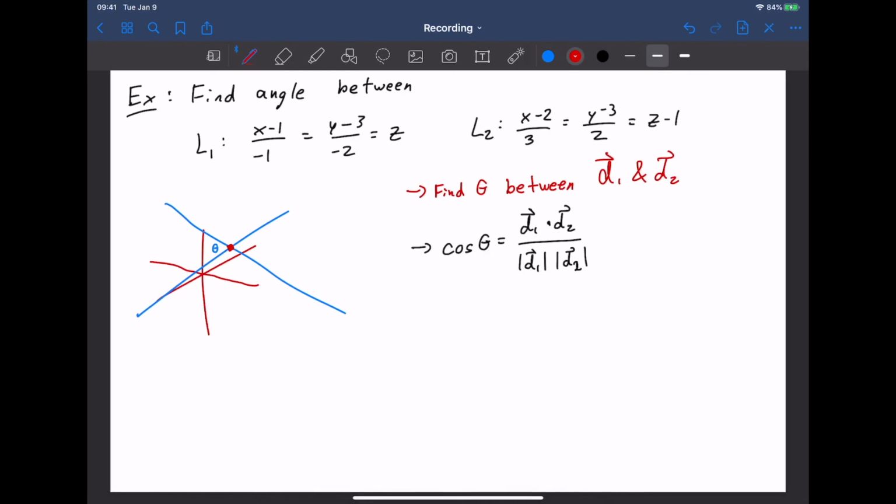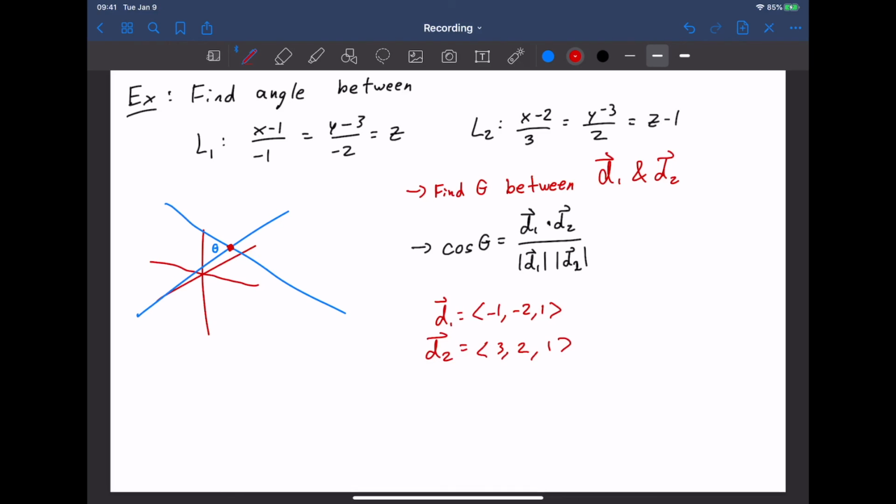So what do I want to do? Just to be clear, what's D1? What's D2? Did you forget? Are you able to find it now if you did forget? Negative 1, negative 2, 1, and 3, 2, 1. It's the denominators when they're in this form. It's the coefficient of the parameters in the other form.